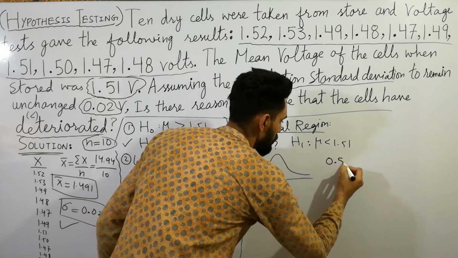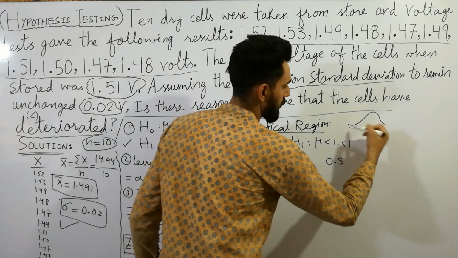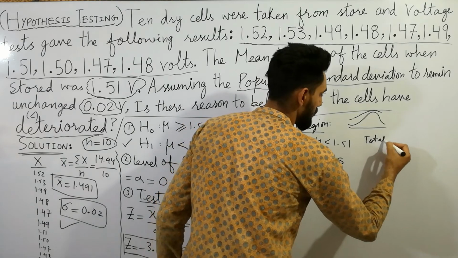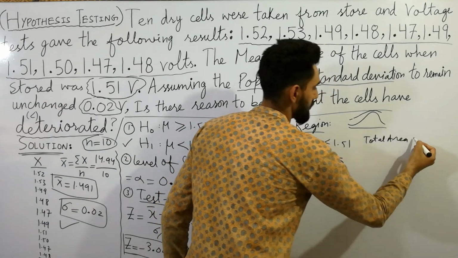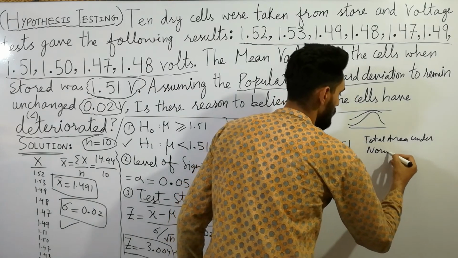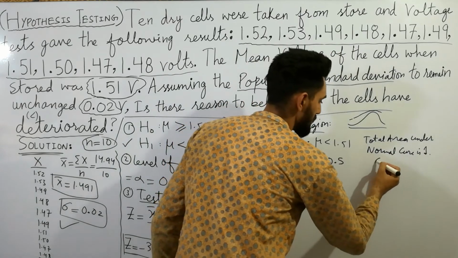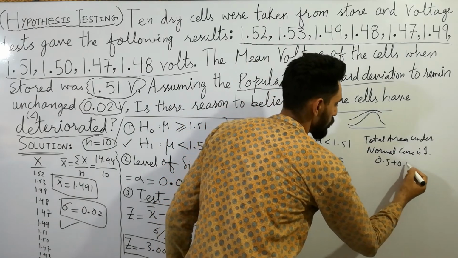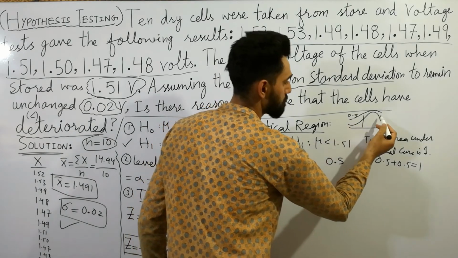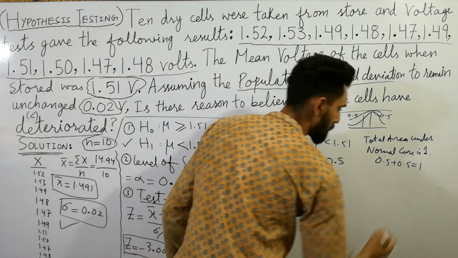You know that in the normal distribution, the total area under the normal curve is always 1. So here it is 0.5 plus 0.5. This half part is 0.5 and the other half part is 0.5. So 0.5 plus 0.5 is equal to 1.